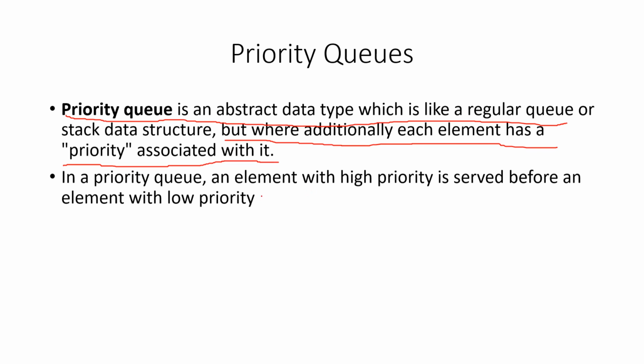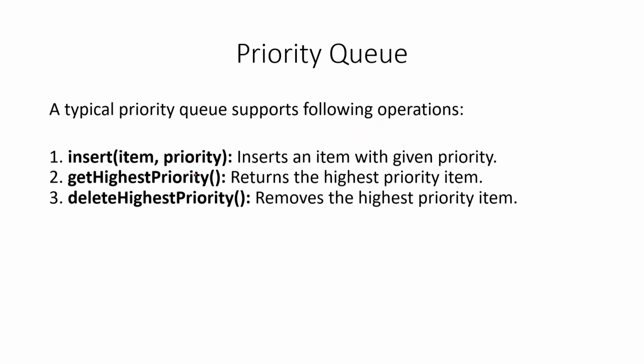So in a priority queue, an element with a high priority is served before an element with low priority. A priority queue should have the three most important operations.